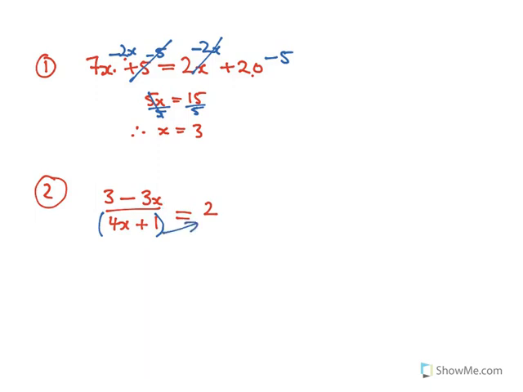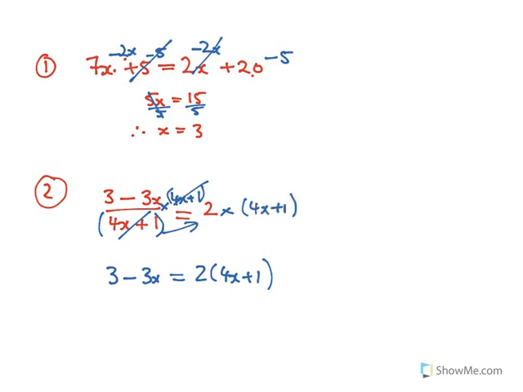I'm going to send it all to the other side by multiplying it. So I've got 3 minus 3x is equal to 2 times 4x plus 1. Okay? So that's just by multiplying both sides by 4x plus 1. You get rid of it there, and then it goes on to this side.